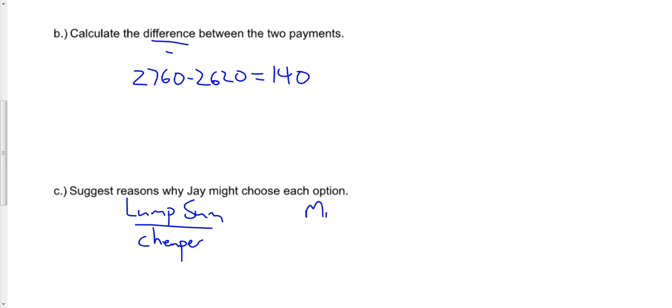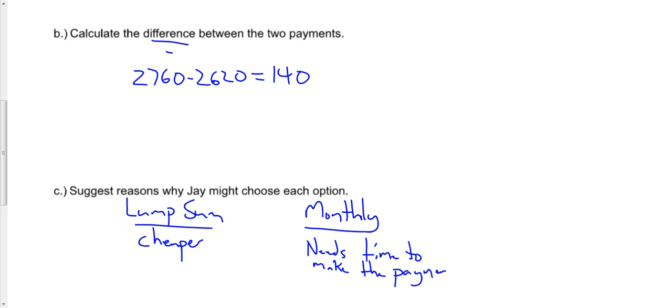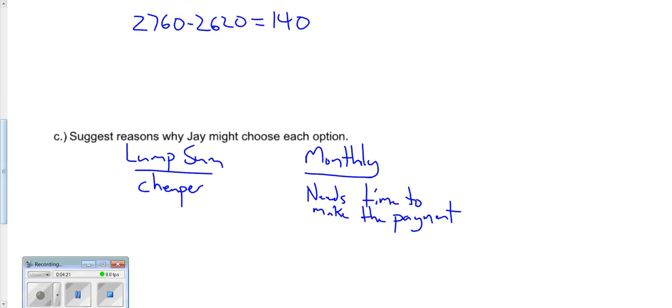The monthly payments: maybe he chooses the monthly payments because he doesn't have all the money right away, so he needs time to make the payment. Either way you look at it, insurance companies will give you various options in terms of how you can and cannot afford to pay for your vehicle insurance.